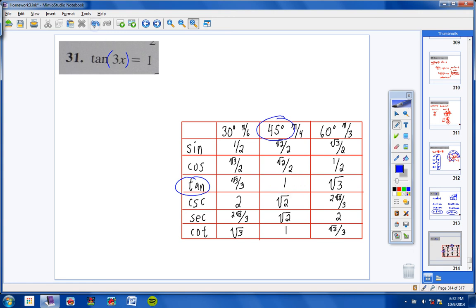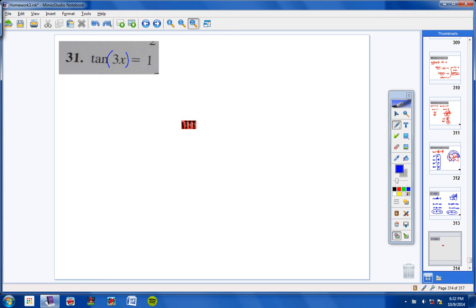And the reason that is, by the way, just so that it makes sense, is think of your 45 degree triangle. 45, 45. Remember, these two legs here are congruent. 1, 1 is square root of 2. When you take the tangent of 45, it's opposite over adjacent, so it'd be 1 over 1. Okay, and that's why that is.